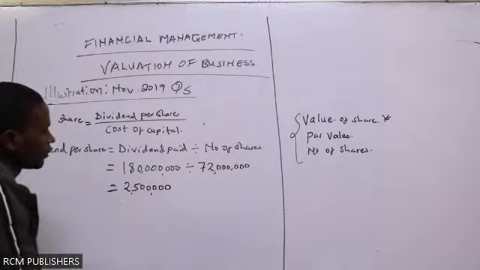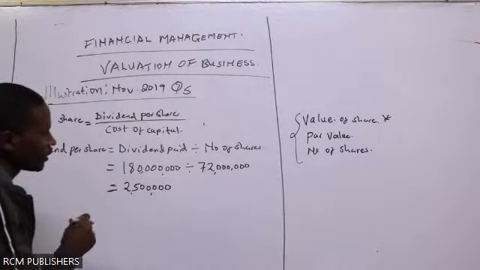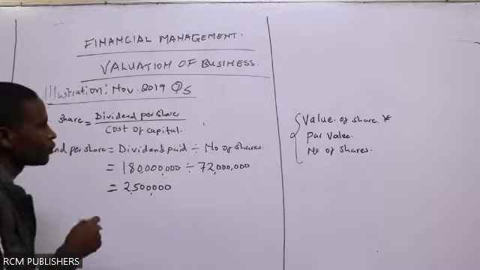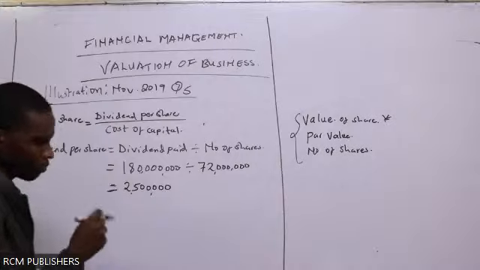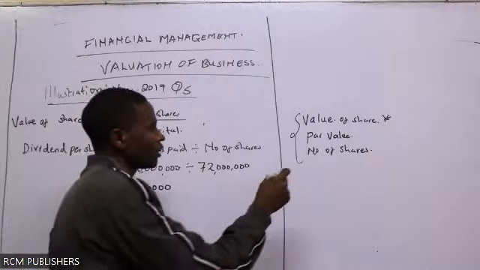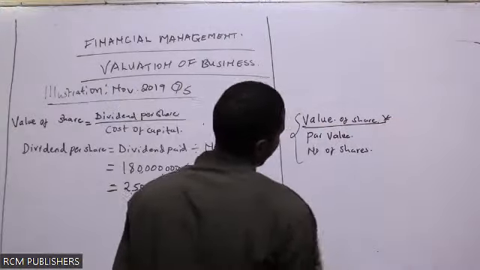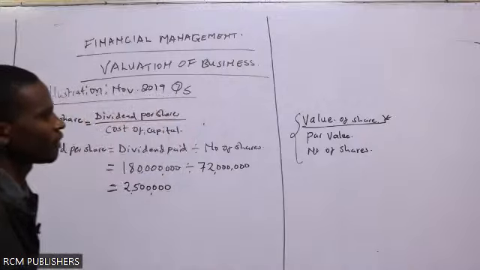Now, with that information, class, I'm able to get what the examiner wants. The examiner wants to get the value of shares.